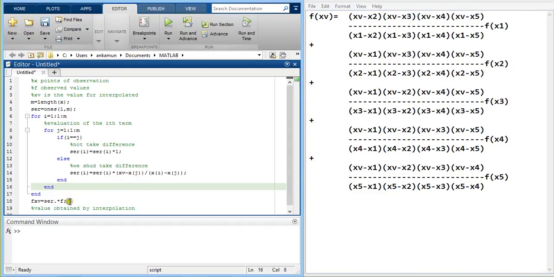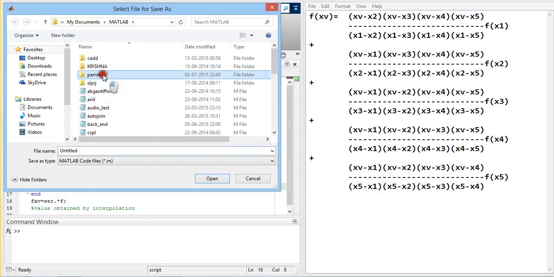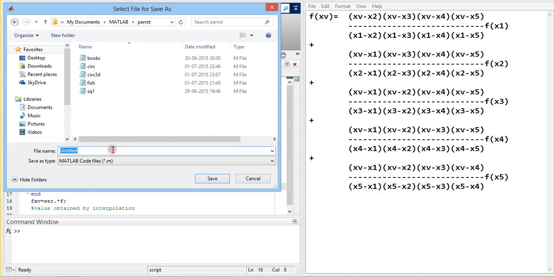So here I will multiply element by element the terms in these two arrays, and for this I use the dot asterisk operator. Now we have made our script. We will save it. I call my script LGR.